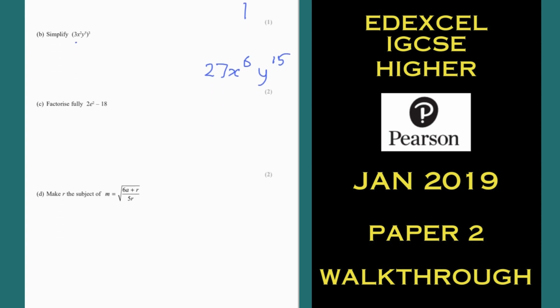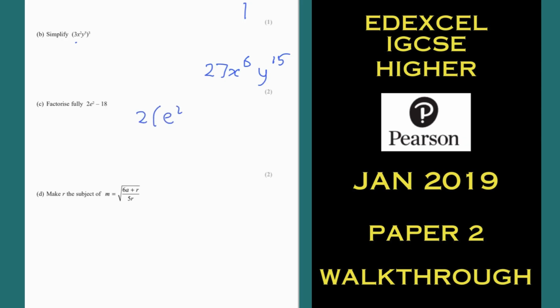Question C, bit sneaky this one. It's one of those called difference of two squares. Don't forget, anything which starts off like square number minus square number, in this case x squared minus 16, it factorizes to x plus 4 and x minus 4. This is a sneaky one because look what happens when you take a 2 out.